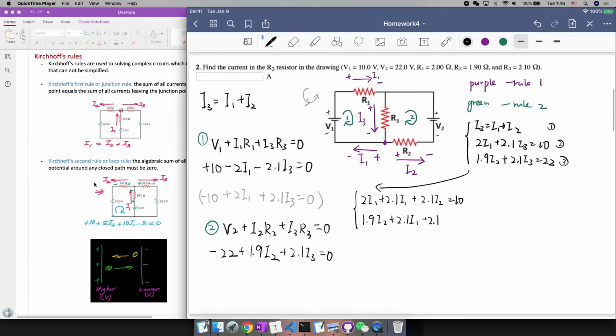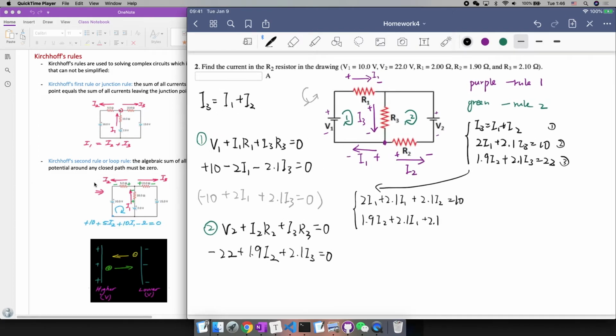Okay. That's why I said this is the most tricky part of the whole homework 3 and homework 4. It's super demanding. So for equation 3, it's 1.9 times I2 plus 2.1 I1 plus 2.1 I2 equals 22. So this is equation 4, equation 5.